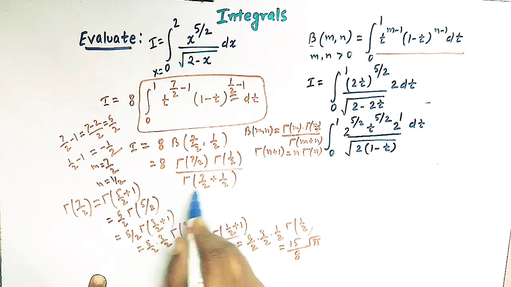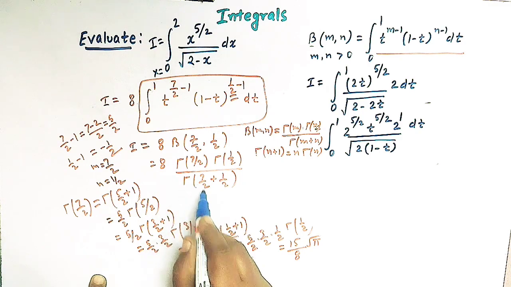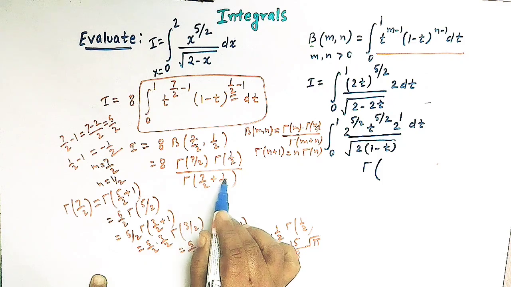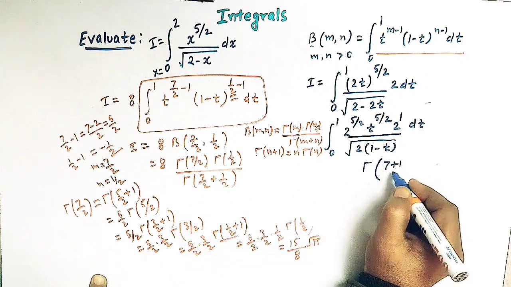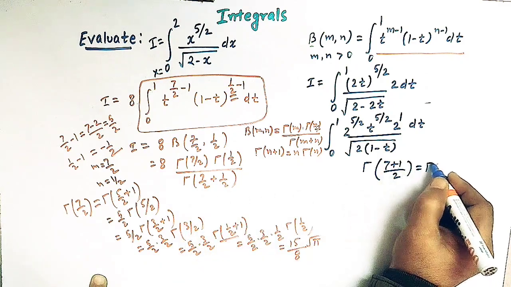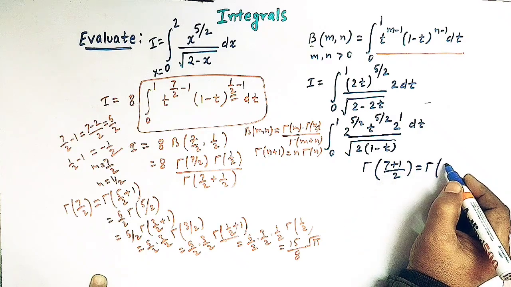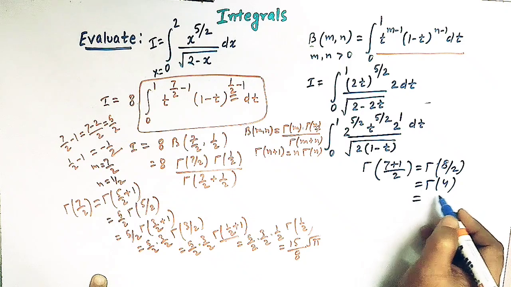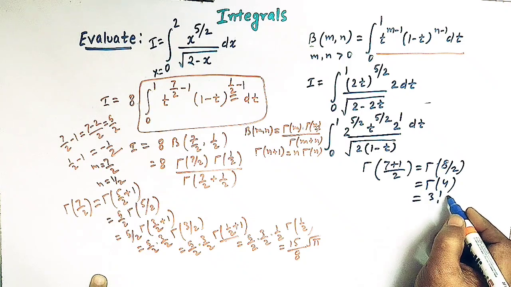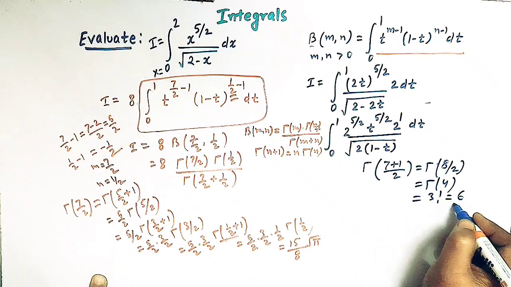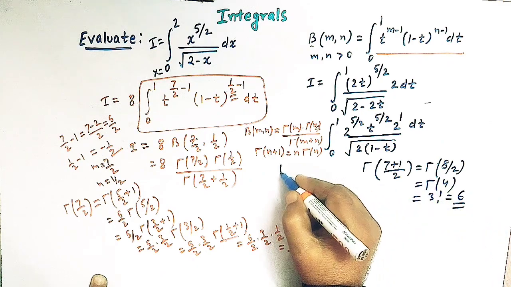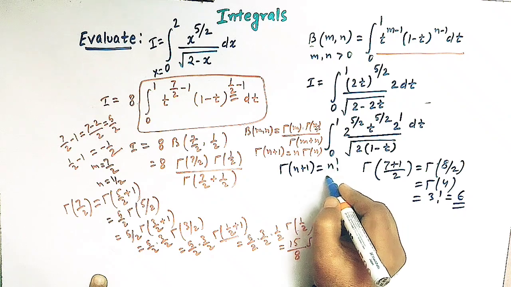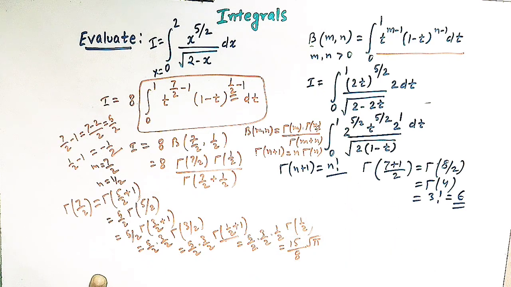So now in the denominator we have gamma of 7 over 2 plus half. So we have 7 over 2 plus half is (7 plus 1) over 2, that is gamma of 8 over 2, that is gamma 4, and gamma 4 is equal to 3 factorial, that is equal to 6, right? Because we know that gamma of n plus 1 is equal to n factorial, where n is some positive integer.